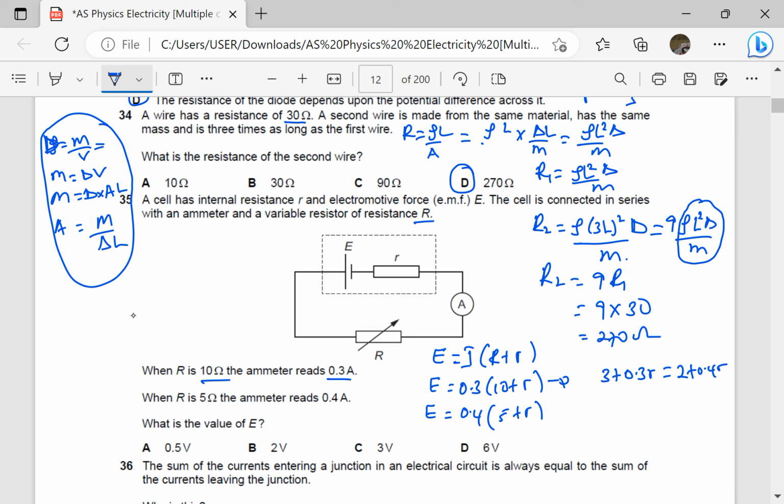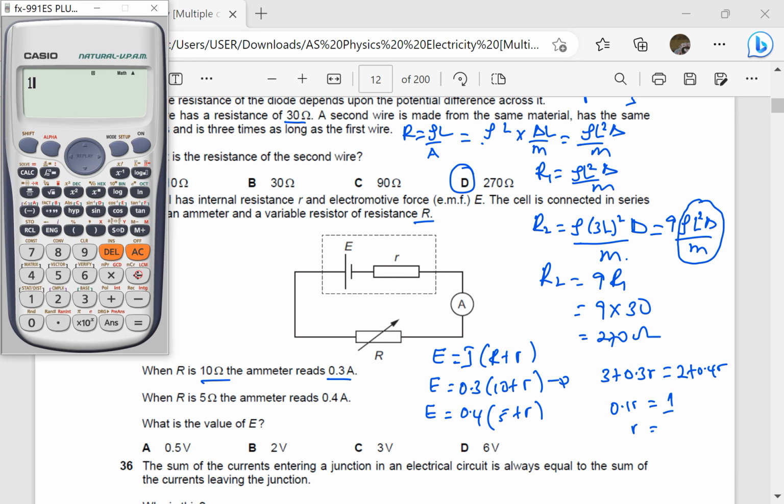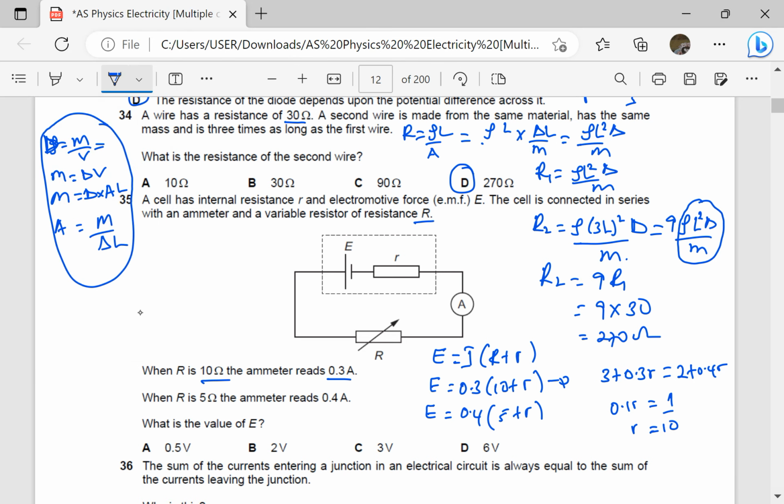So collecting like terms, 0.1 r is going to be equal to 1. So it means r is 1 divided by 0.1, which is 10. So small r is going to be 10.